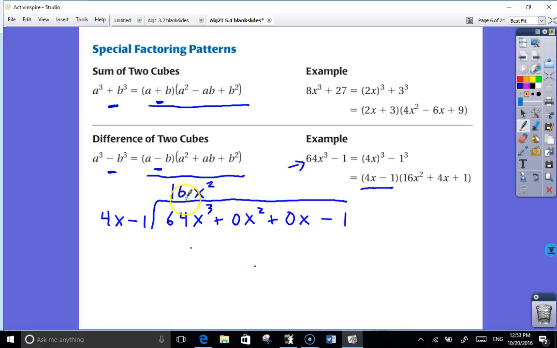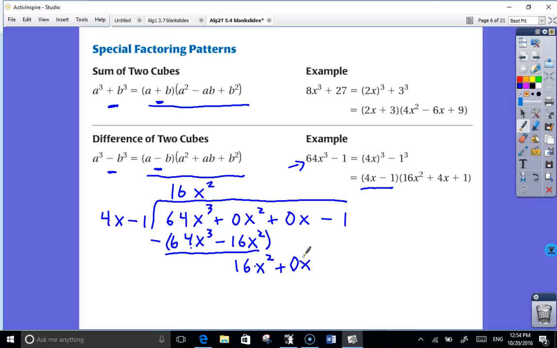Now I multiply: 64x to the third. Then 16x squared times minus 1 is minus 16x squared. Subtract. 0 minus negative 16 is plus 16.